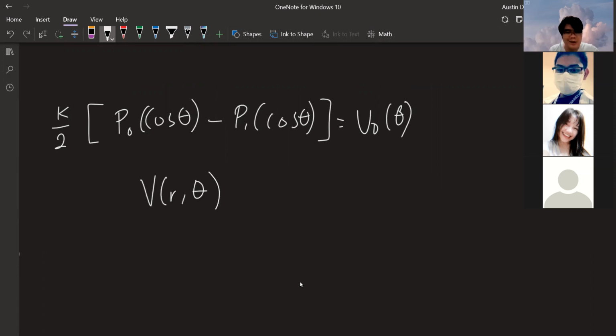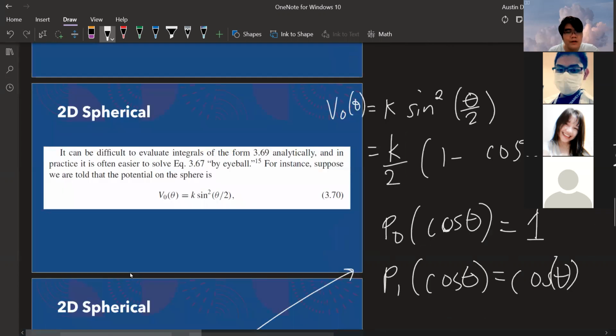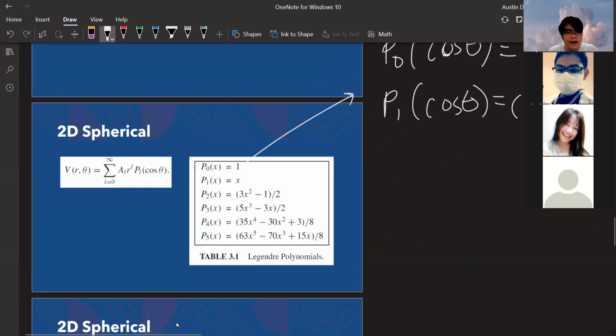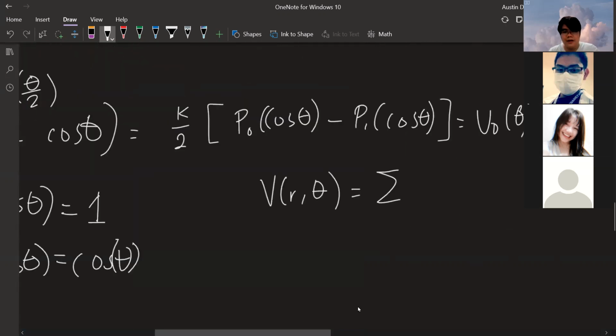Okay. Brain fog na ako. And this is the sum, sum ng L from 0 to infinity, A_L R raised to L, P_L of cosine theta. Okay?